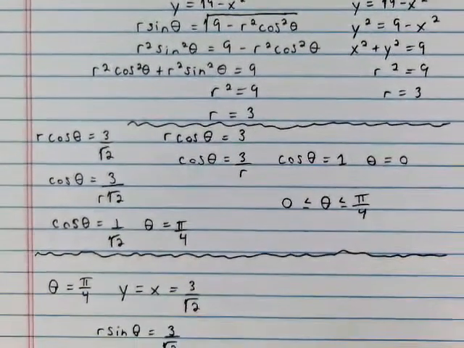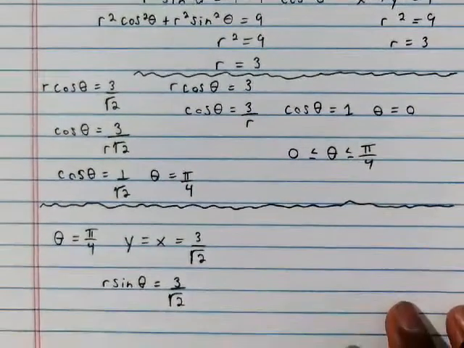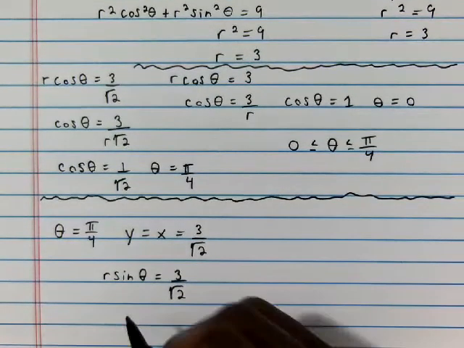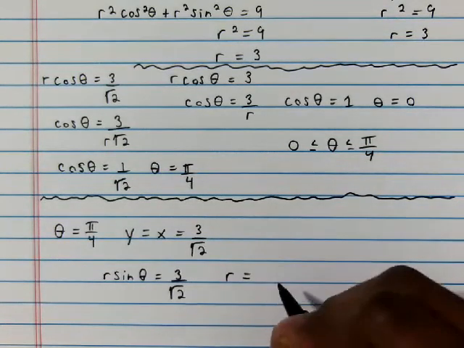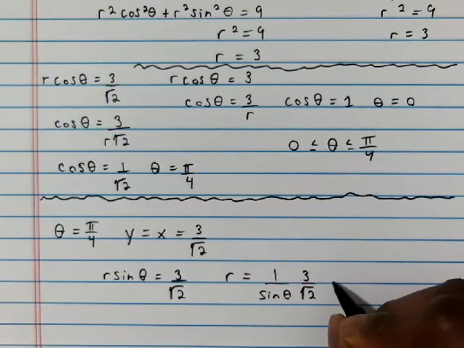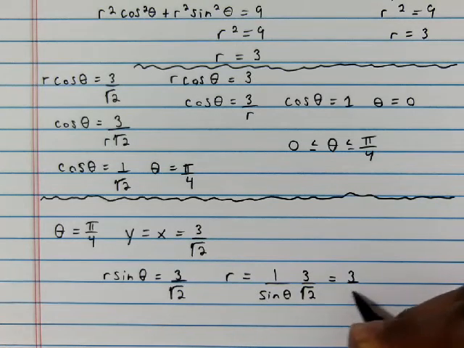So we're trying to solve for r. We're not trying to substitute an r in there because we already have what theta is. So we're trying to solve this for r. So r equals 1 over sine theta times 3 over root 2, which equals 3 over root 2 times secant of theta.